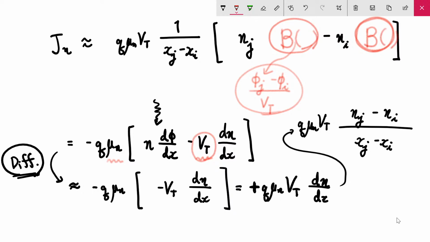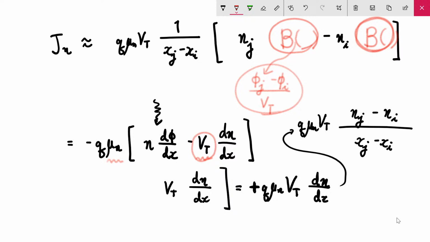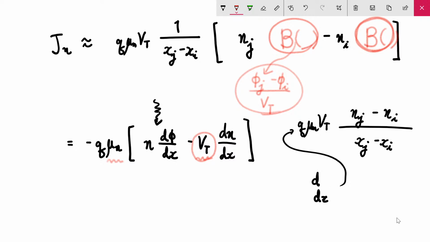Yes, so we can think about this form. Okay, do you have any questions up to now? My suggestion is, please note that in today's lecture I'm talking about a way of remembering the Bernoulli function or the Scharfetter-Gummel scheme.